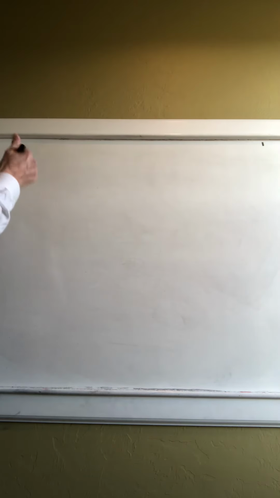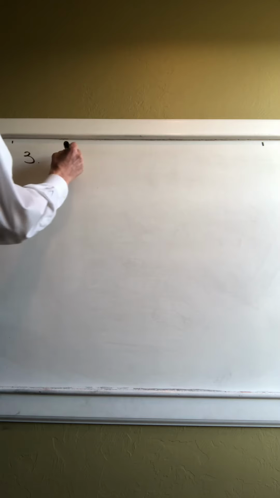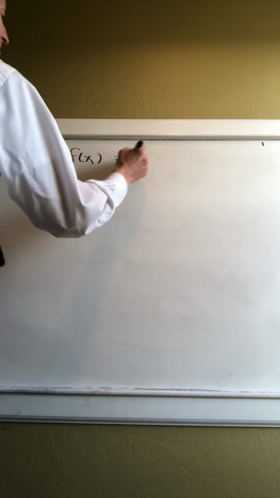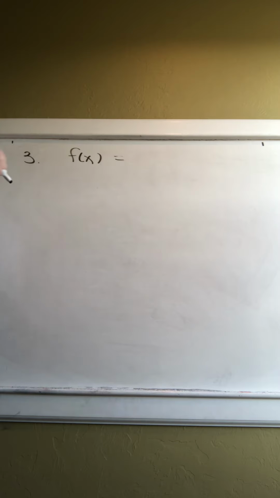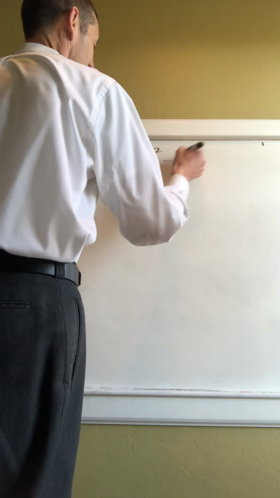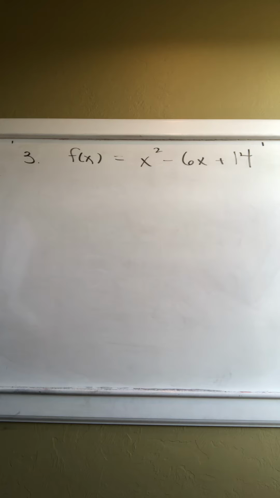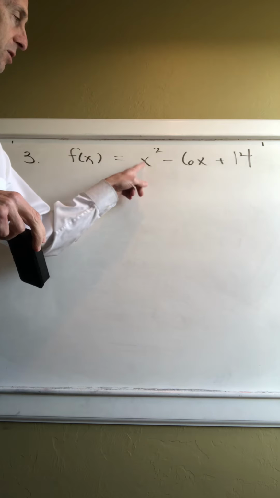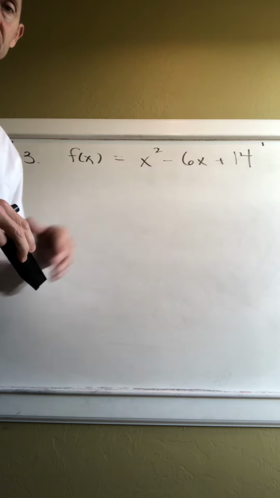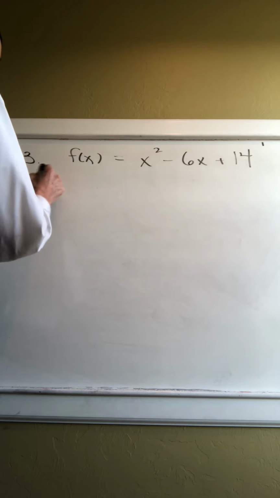Let's do 3 and 4. Number 3. f of x is equal to x squared minus 6x plus 14. Okay, so now what we've got is an x squared here, so here's an x and there's an x. So you've got 2 of them in here that you've got to find.